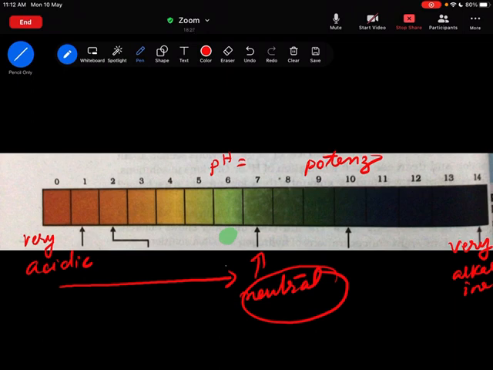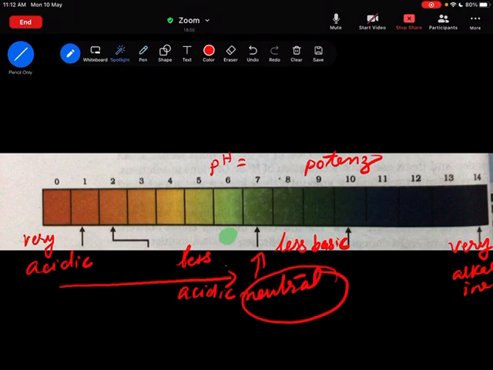So the solution supplied to you is less acidic. Now, if you are getting pH 8 or 9, that is less basic. If it is 13 or 14, that means highly basic.